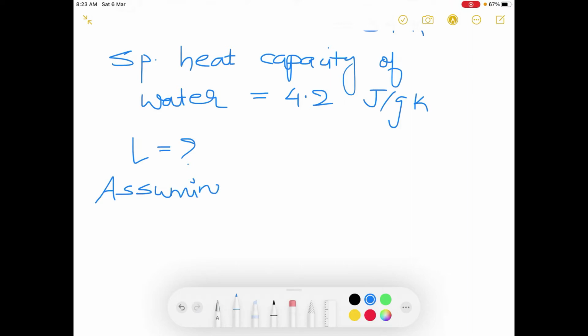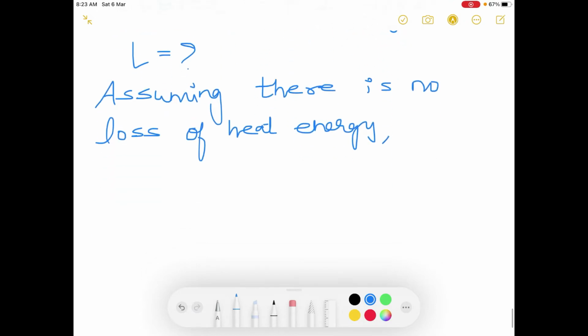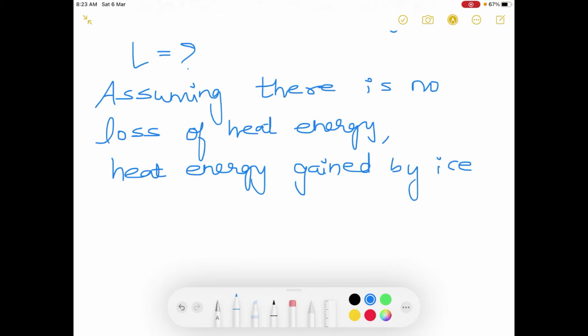Assuming that there is no loss of heat energy, we can say that the heat energy that is gained by ice, because it is melting, right?